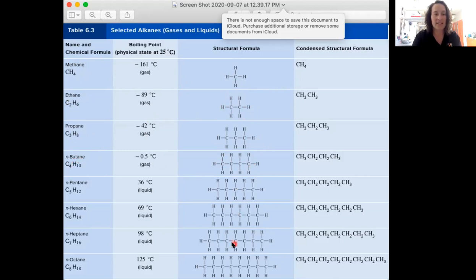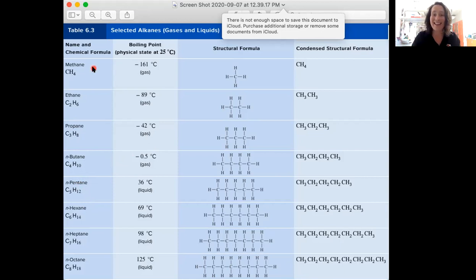For 5 through 10, it follows the standard polygon prefixes: 5 is pent, 6 is hex, 7 is hept, 8 is oct, 9 is non, and 10 is dec. So the first 10 hydrocarbon names are methane, ethane, propane, butane, pentane, hexane, heptane, octane, nonane, decane.